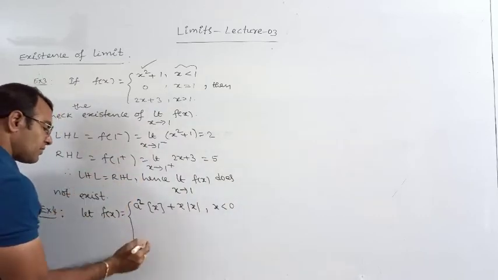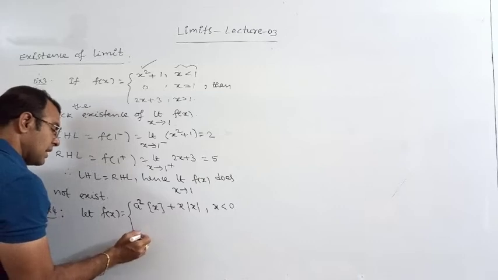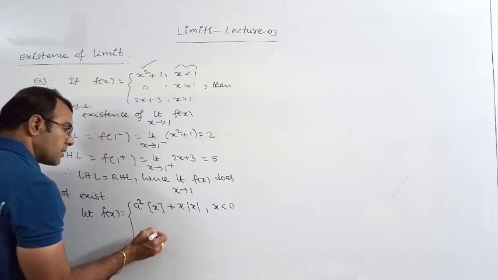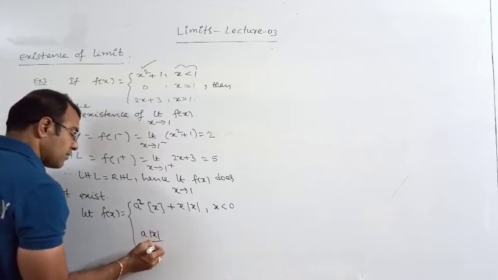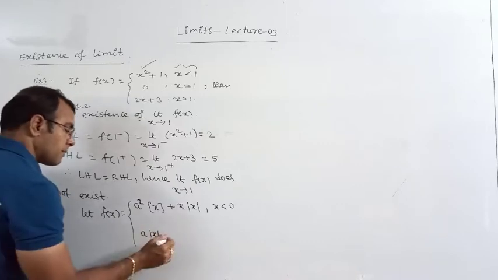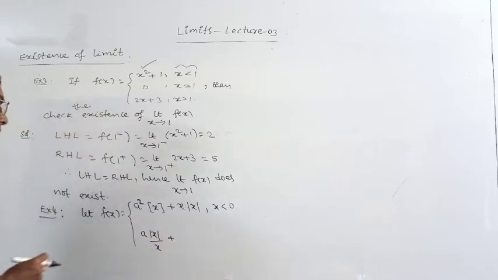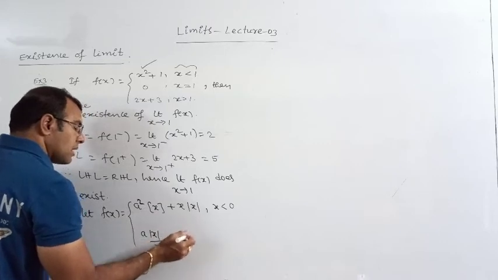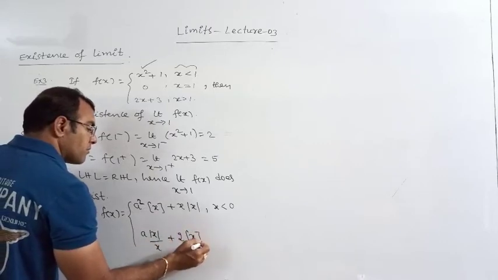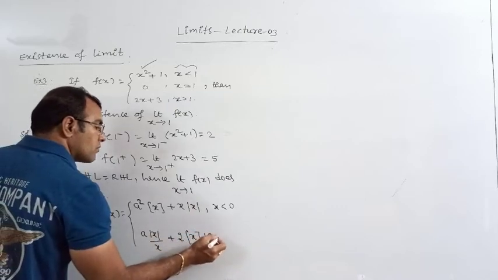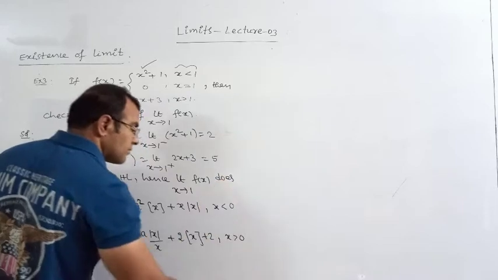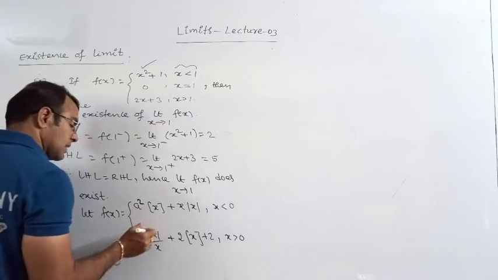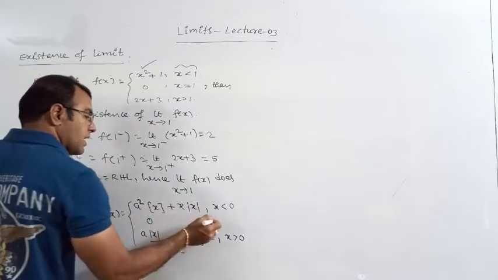Next one is a into modulus of x by x, plus 2 times the integral part of x plus 2, for x greater than 0, and it is 0 when x equals 0.